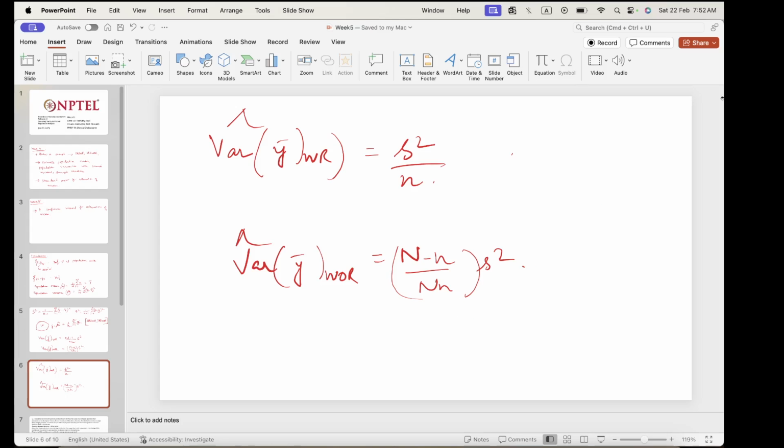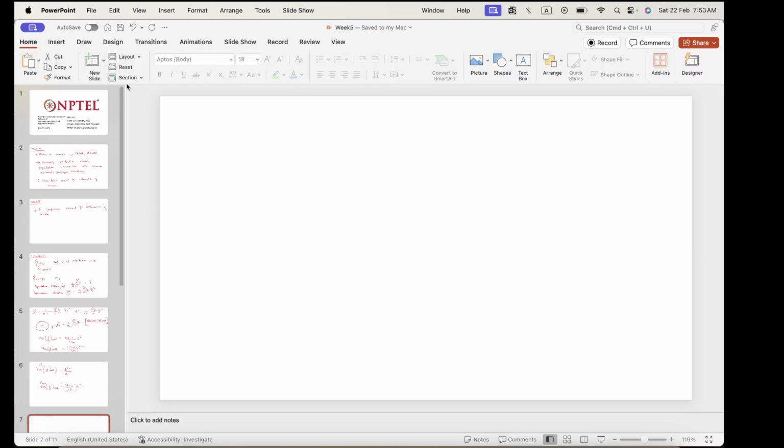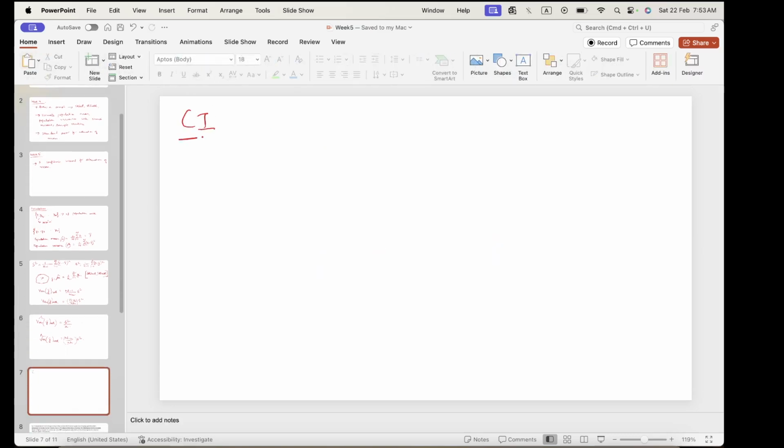So now the question becomes, how with these quantities can we estimate a confidence interval? What is actually a confidence interval? Let me just give you a brief idea.